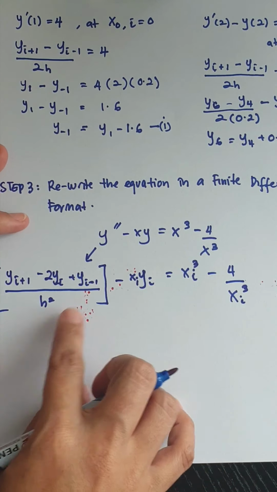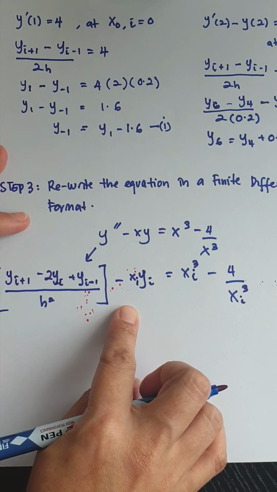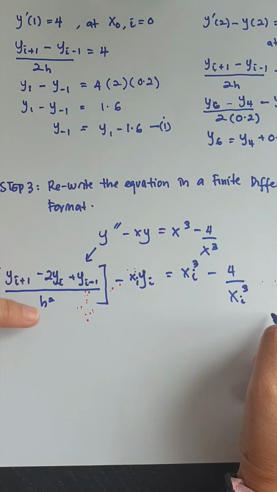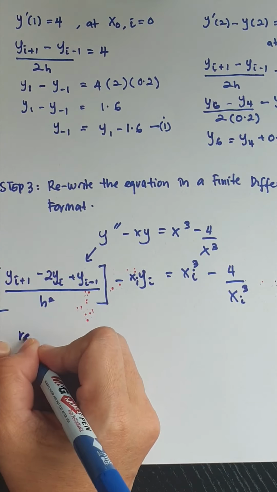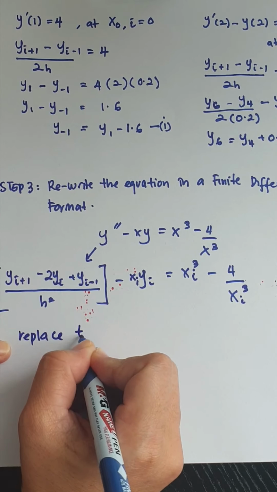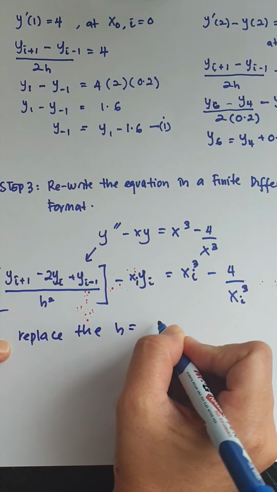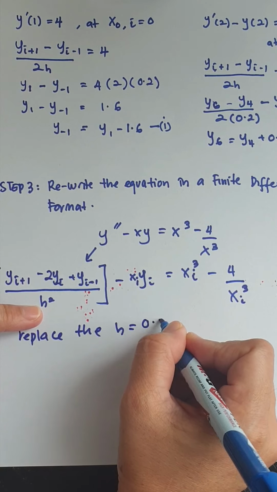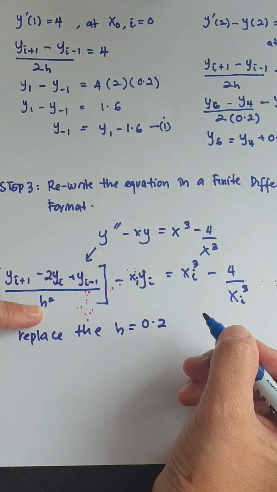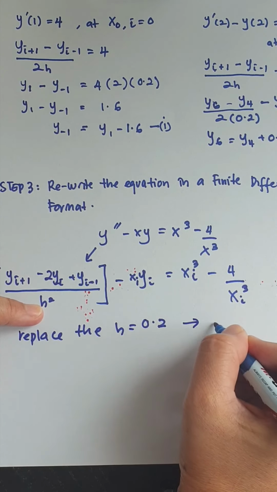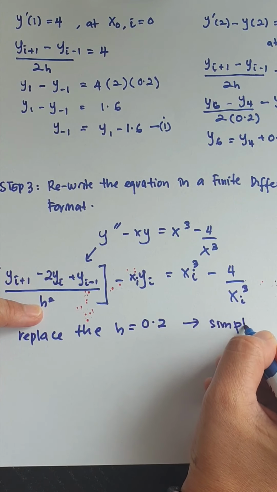From here you have to replace h equal to 0.2, and also simplify the formula.